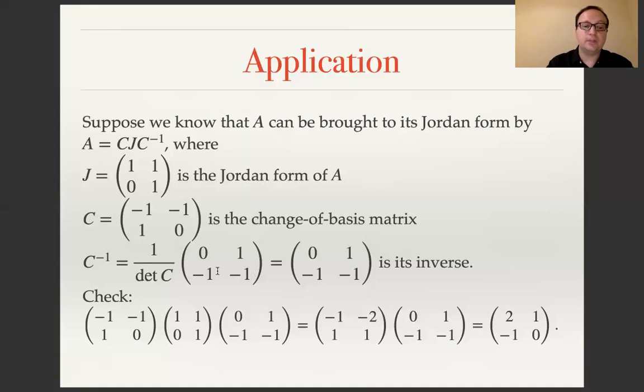And the determinant of C is 1, so it's just this matrix 0, 1, -1, -1. And then I actually checked, and it is true that C times J times C inverse is equal to the matrix A. So this was correctly computed. And I'll show you this computation in a couple of minutes.